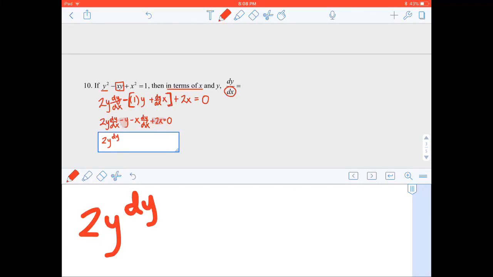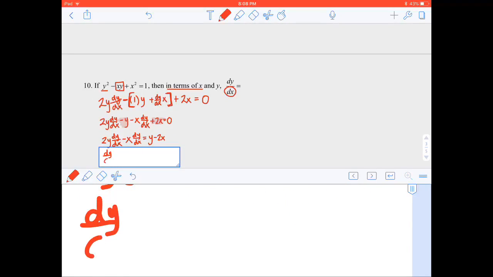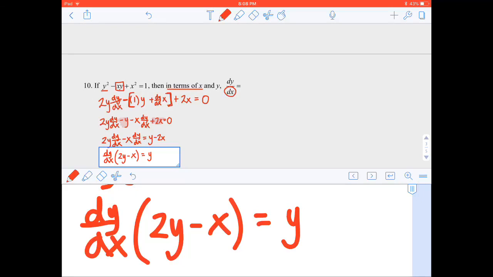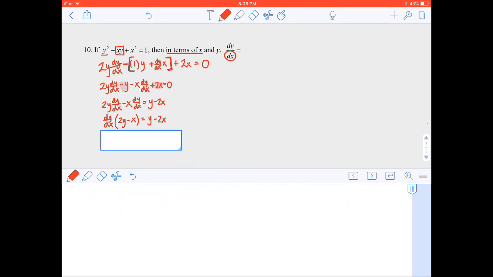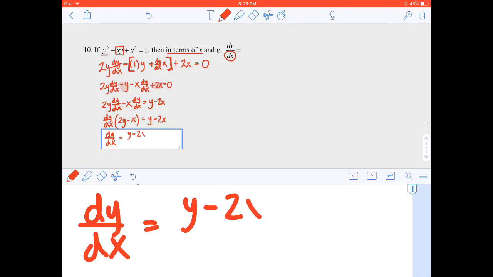So I have 2y times dy dx minus x dy dx still on this side. I'm going to add the y over, so y minus 2x is going to be on this side. Now what I can do is factor out dy over dx. That leaves me with 2y minus x equal to y minus 2x. I will divide to get that dy over dx by itself, and that solves for our derivative.